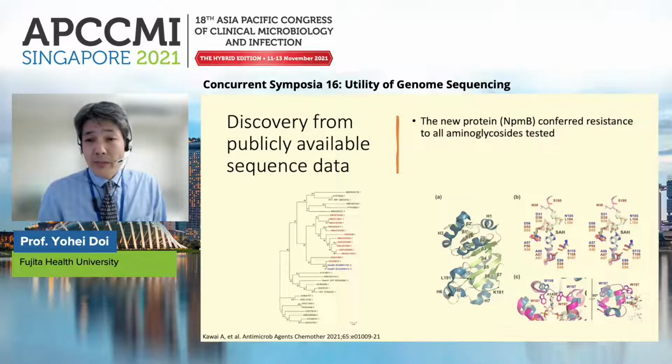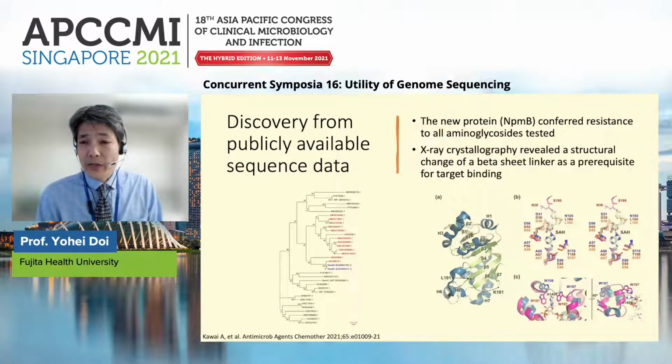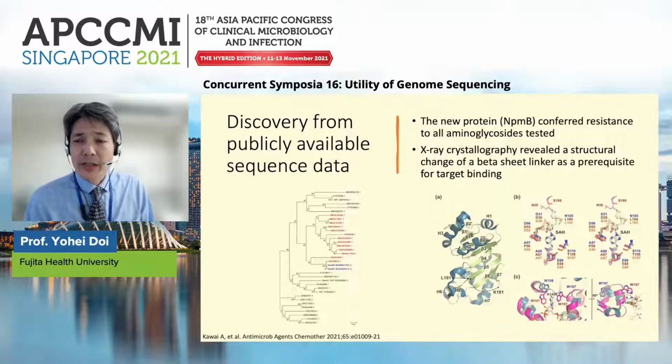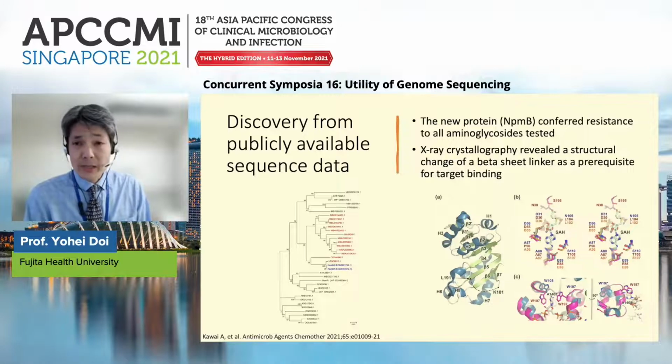The overall tertiary structure was very similar to NPMA, but through X-ray crystallography, we showed that a structural change of a beta sheet linker was a requisite for target binding. So the way it works seemed a little bit different from NPMA, opening up a new avenue of research into this group of enzymes.